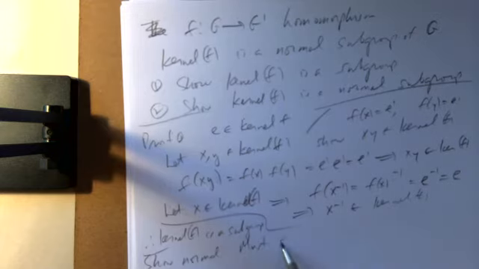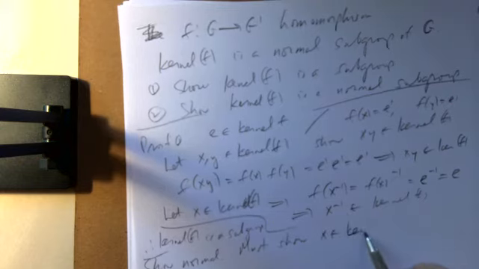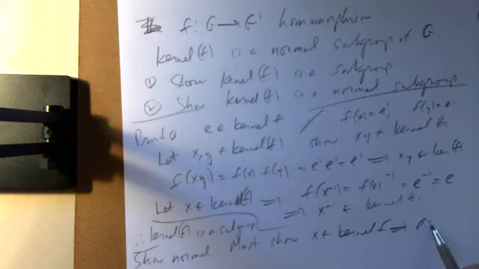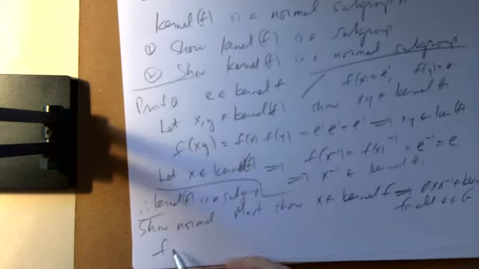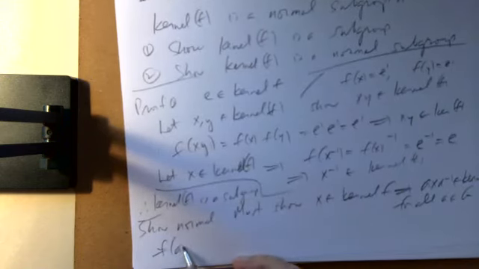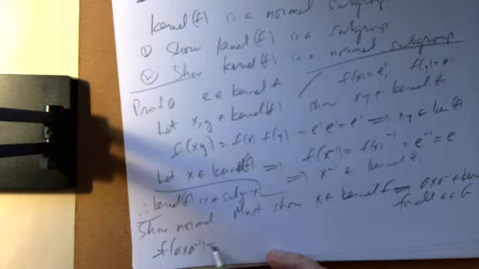And now we want to show that this subgroup is normal. So we must show that if x is in the kernel of f, then axa inverse is in the kernel of f for all elements a of the group. So what can we say about f of axa inverse?